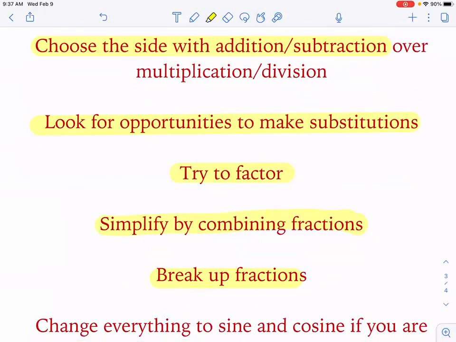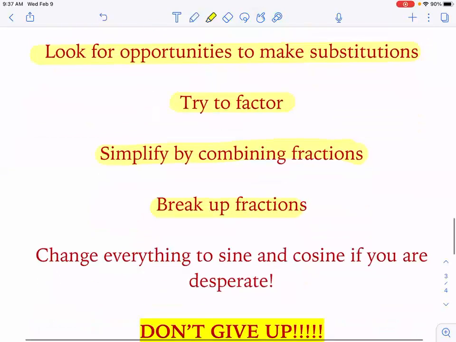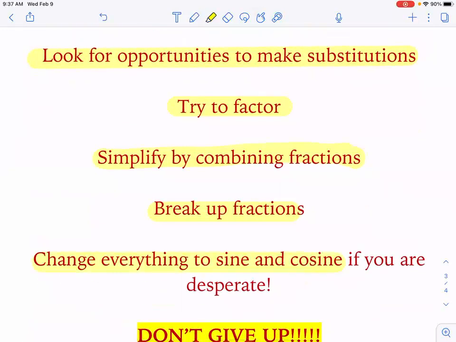Don't get common denominators and then the next step, break up your fraction. You're just going backwards, okay? You need to move forwards, okay? If you're really desperate, you have no idea what to do, change everything to sine and cosine. That would be like a last resort if nothing else is working, okay?